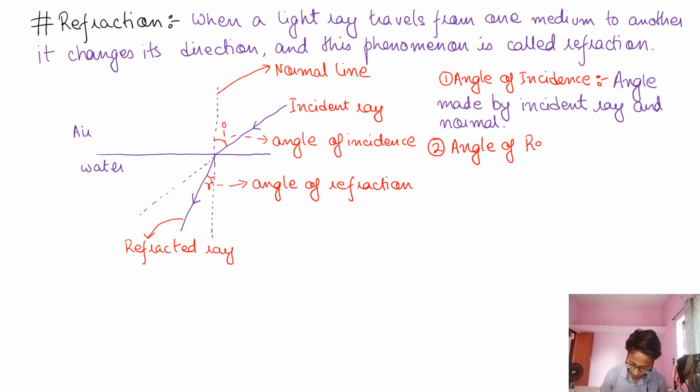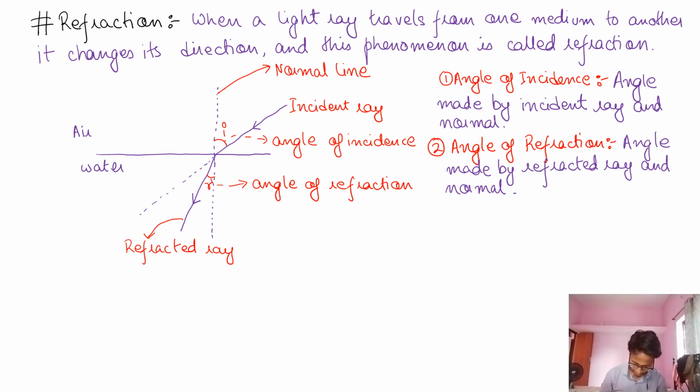The angle of refraction is nothing but the angle made by the refracted ray and the normal. Okay, that means out here this angle made by the incident ray and the normal is called the angle of incidence, and this angle made by the refracted ray and the normal is called the angle of refraction.